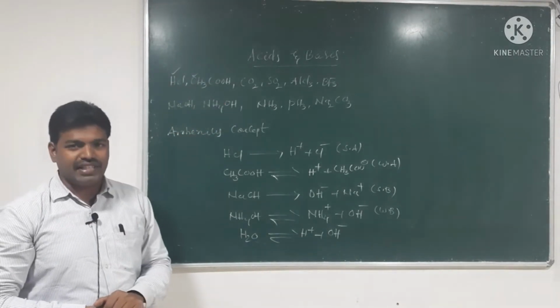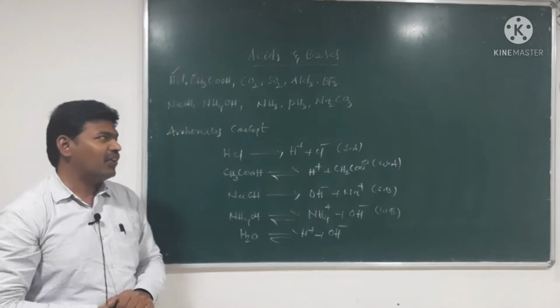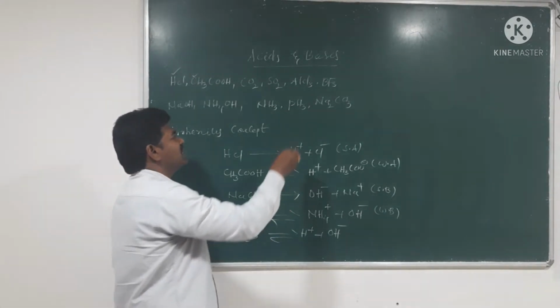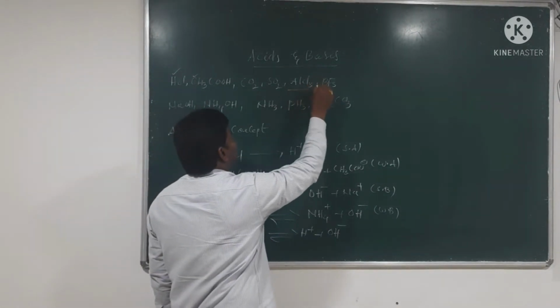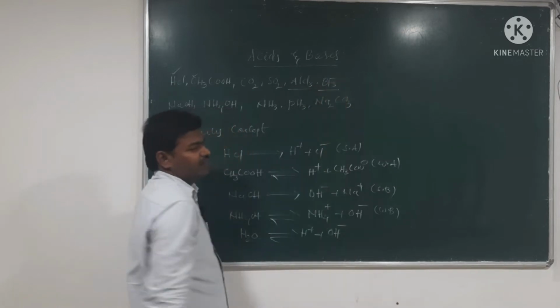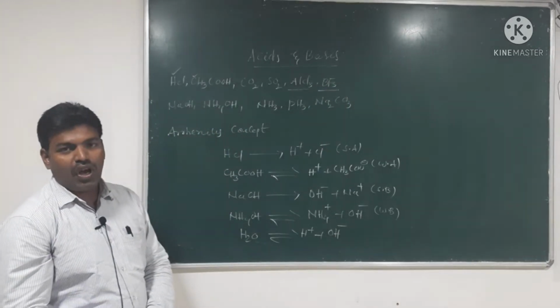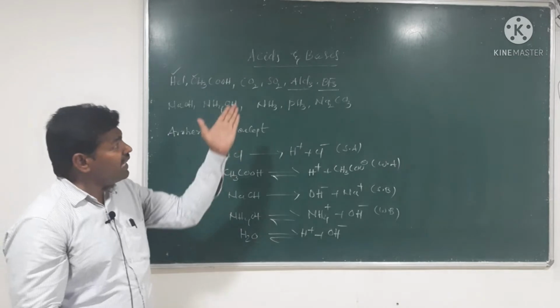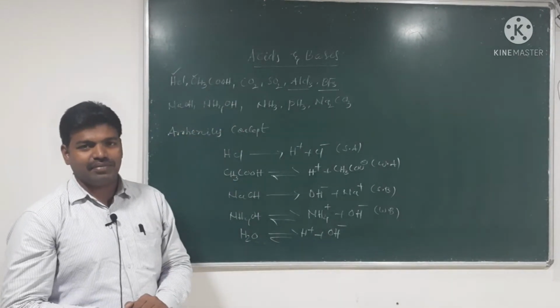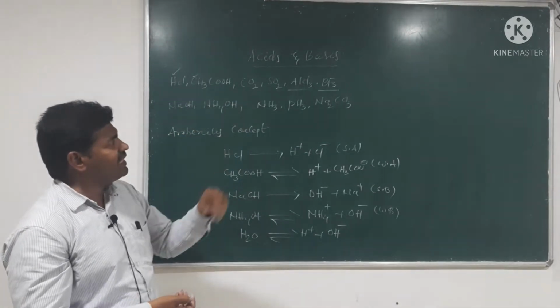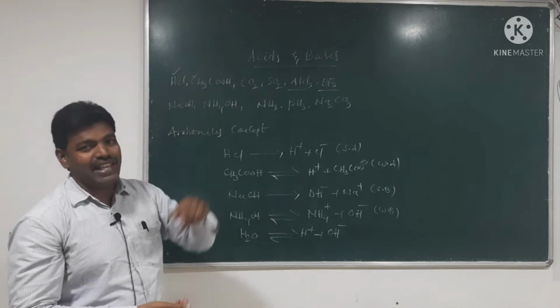So, according to the Arrhenius concept, we can pick up the Arrhenius acids and bases from these groups. But what happens in the case of AlCl3 and BF3? How are they regarded as acids? I wrote AlCl3 and BF3 in the group of acids.